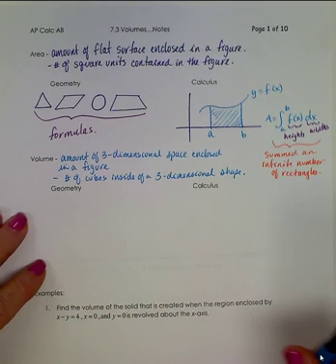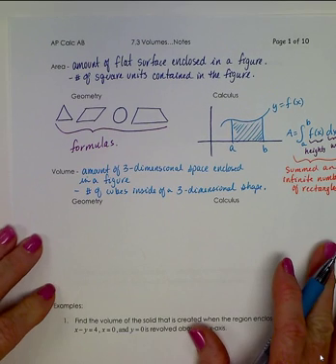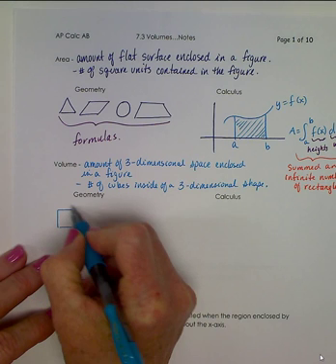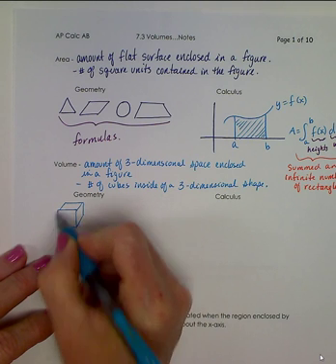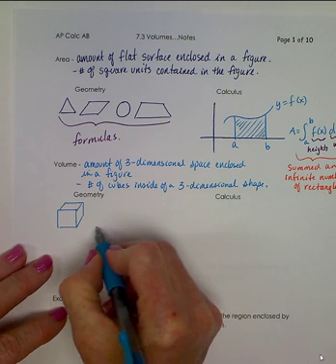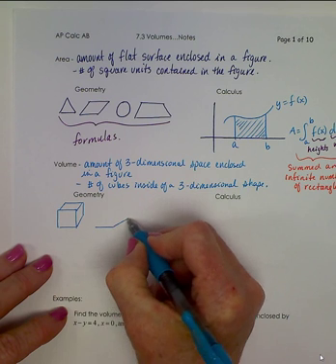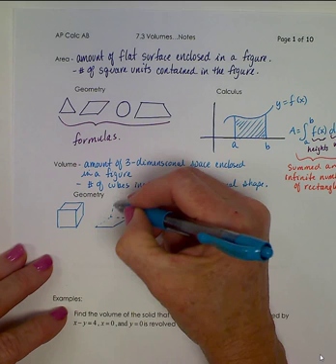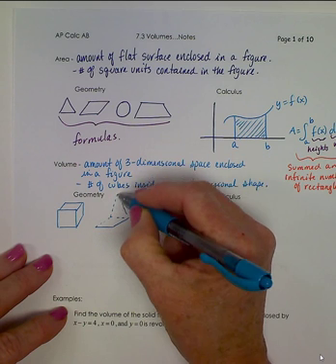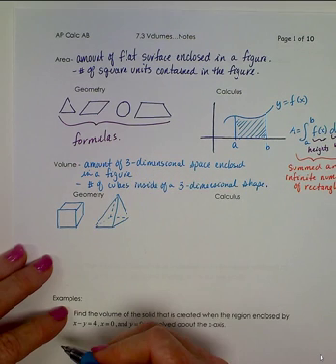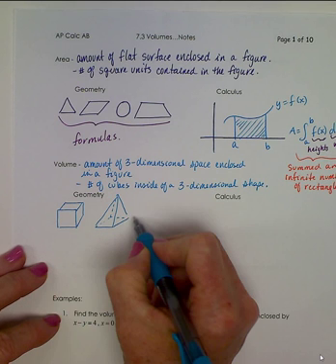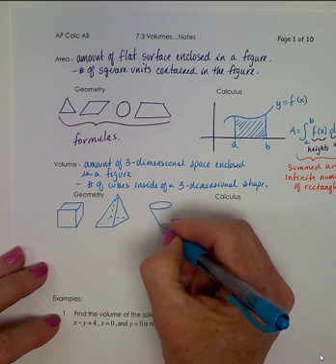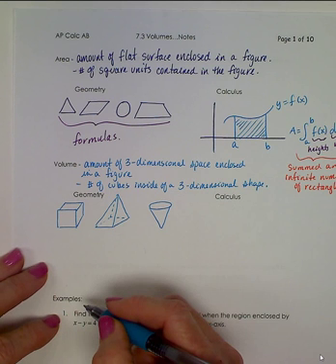All right, in geometry, you found volumes of prisms, boxes, of pyramids, of cones, what else did you find volumes of?